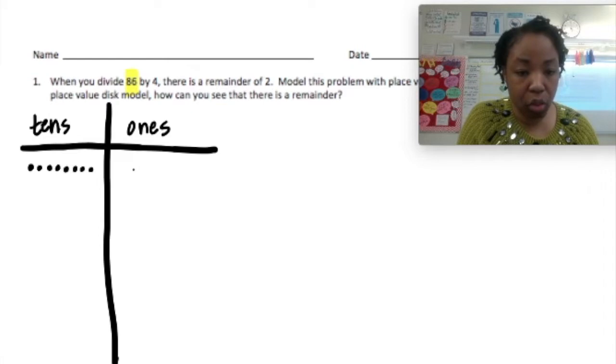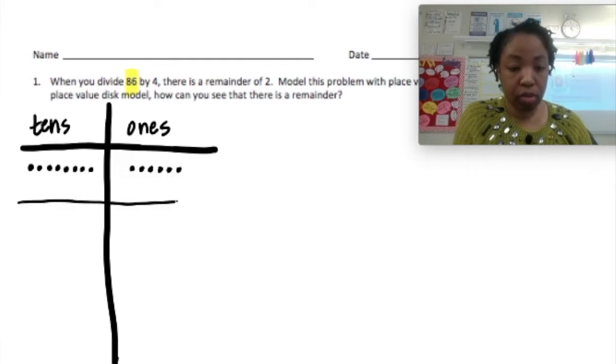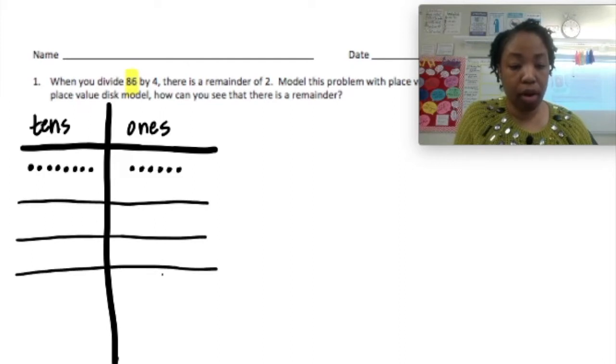And 6 ones. I'm going to make 4 rows because we are dividing by 4.